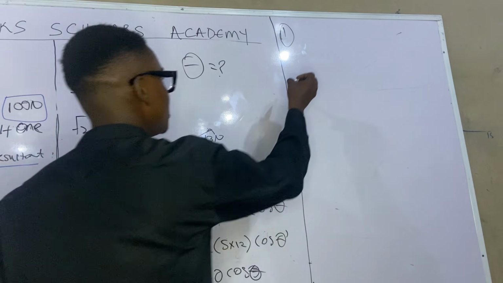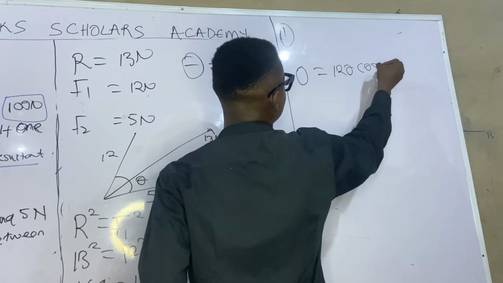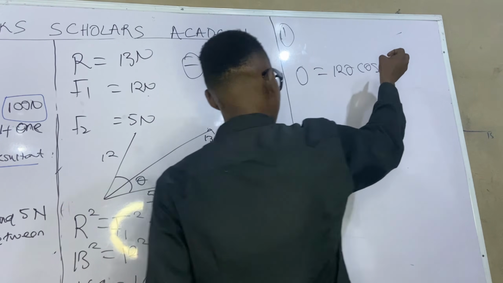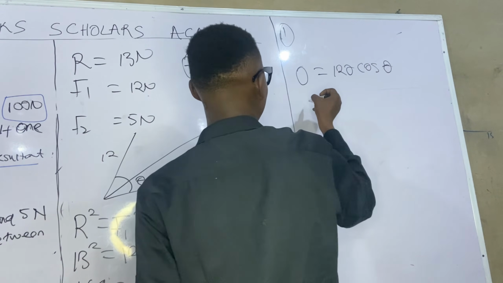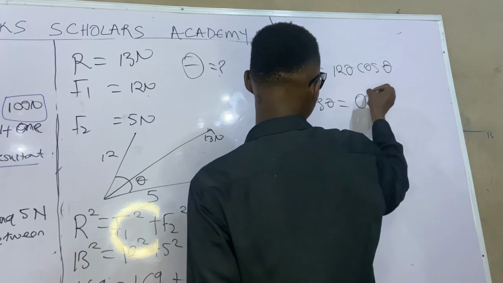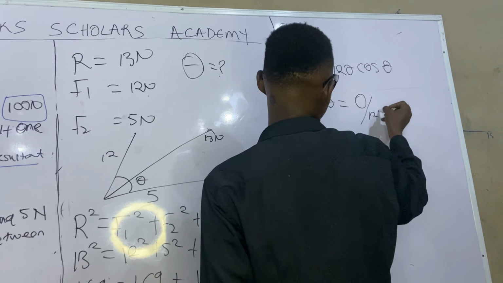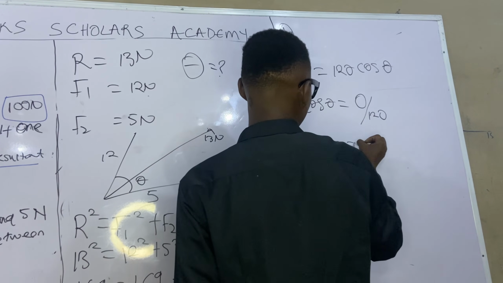So 0 equals 120 cos theta. We are looking for the angle, so cos theta equals 0 divided by 120, which will give you 0 again. So cos theta equals 0.